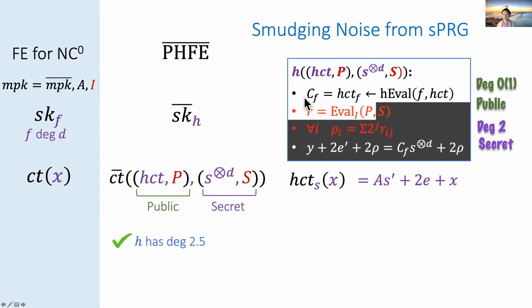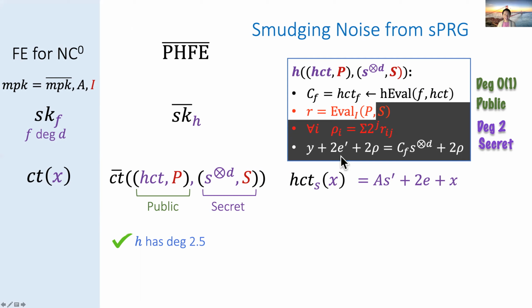And the function H now will expand the PRG to get a Boolean pseudorandom string R, and then use the bits inside the Boolean pseudorandom string to form those random small polynomial values, rho_i's. And finally, it can add those smudge noise rho_i's to the perturbed output in order to hide the noise E prime.